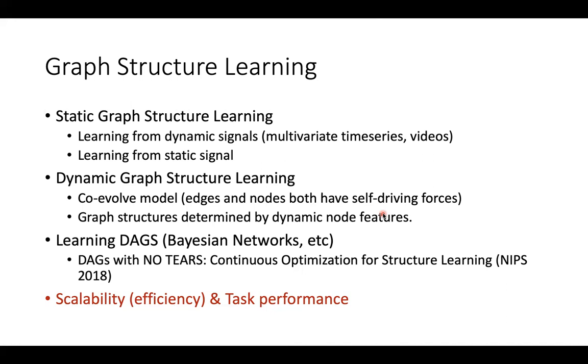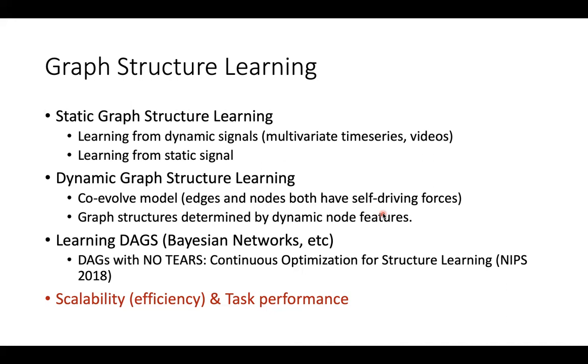But if the graph itself has some self-driving forces, I think it may not be enough to only put such constraints on the node sequences. But overall, this is just my understanding, because currently I'm dealing with different dynamic graph structure learning problems, and I think these two are the basic ones that I want to distinguish.